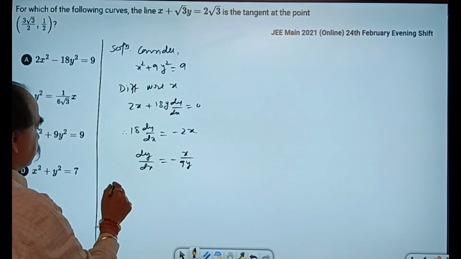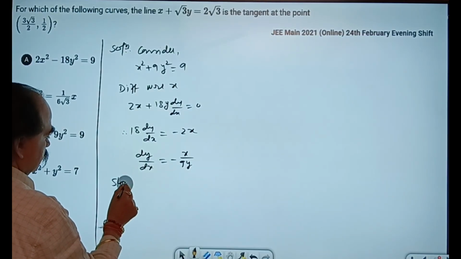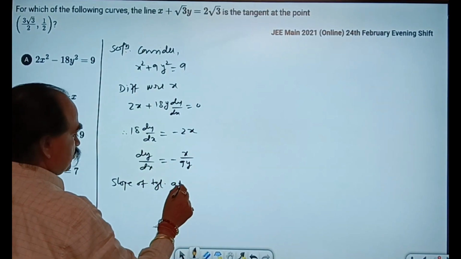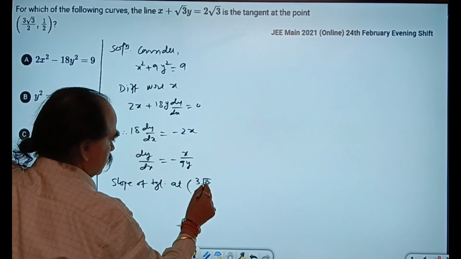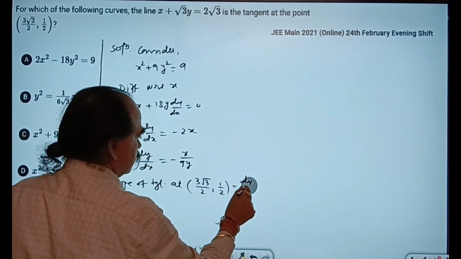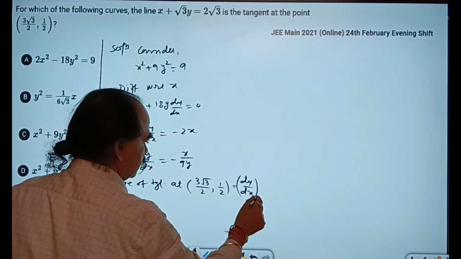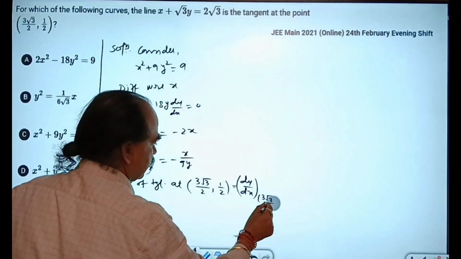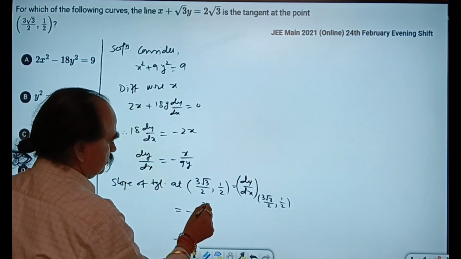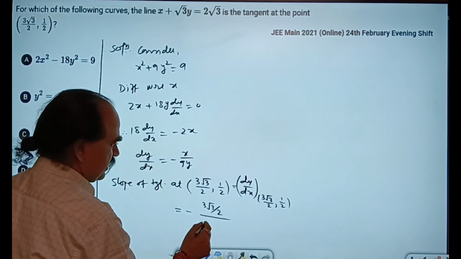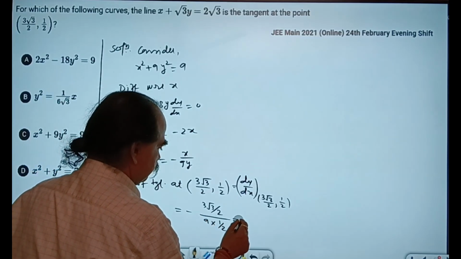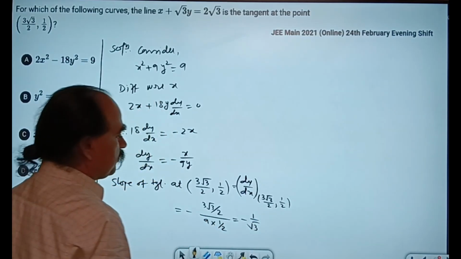So slope of tangent at (3 root 3 by 2, 1 by 2): dy by dx will give you minus 3 root 3 upon 2 divided by 9 into 1 by 2. 2 cancel, 3 and 9, so minus 1 by root 3. This is the slope of tangent.